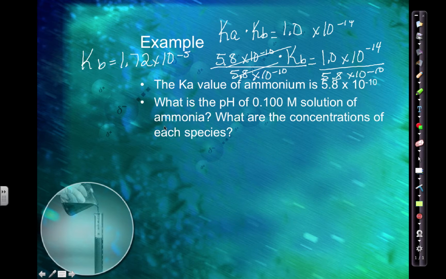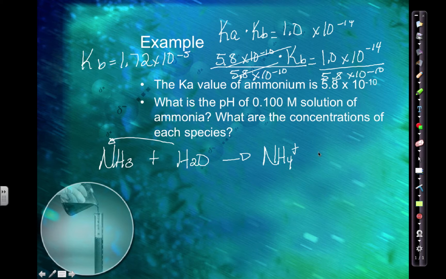Ammonia is dissolved into water. Anytime we're talking about an acid or base, we need to look at what happens when it reacts with water. So ammonia is NH3, and we're going to put it into some water. Ammonia is a base, so the hydrogen is going to move over here and become its conjugate, which is NH4 plus, so we add an H plus, and hydroxide.